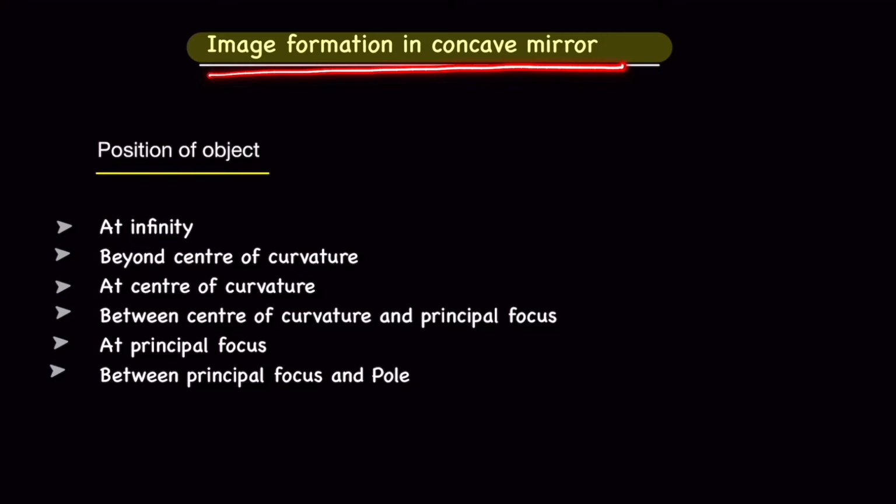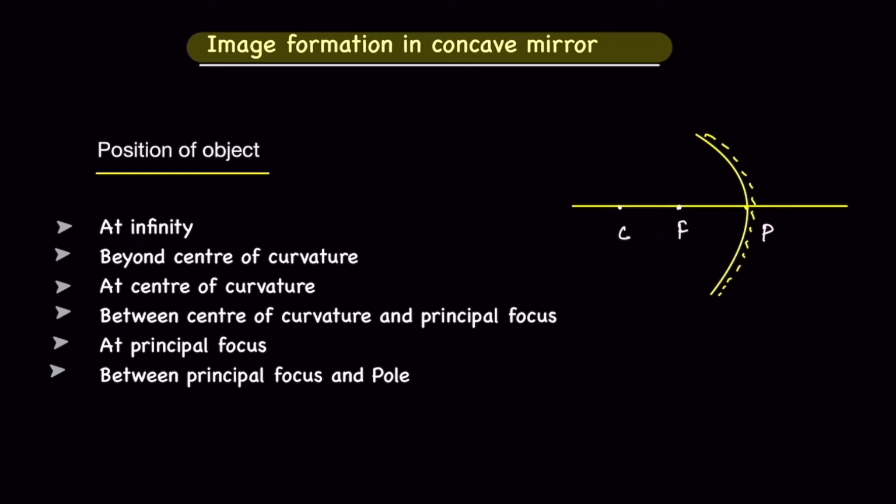When we are using a concave mirror, there are total 6 positions of the object: at infinity, beyond center of curvature, at center of curvature, between center of curvature and principal focus, at principal focus, and between principal focus and the pole. So these are the 6 positions of the object. First we will start with the object position at infinity.